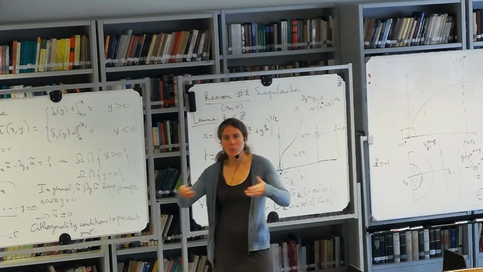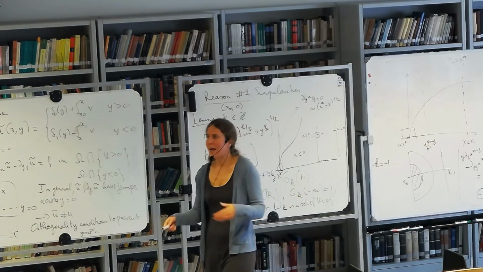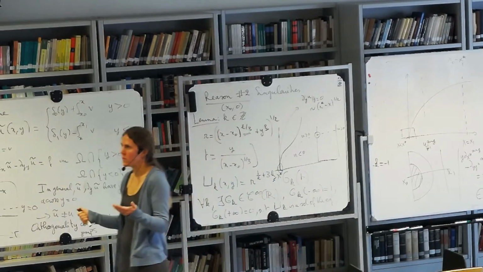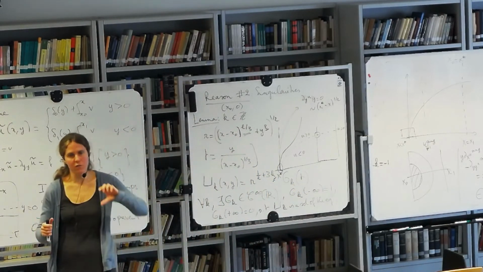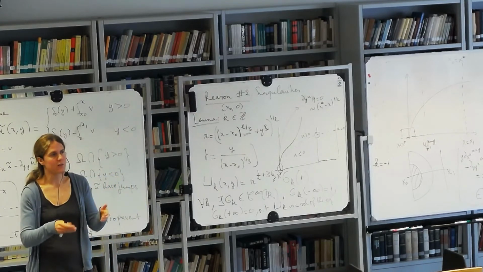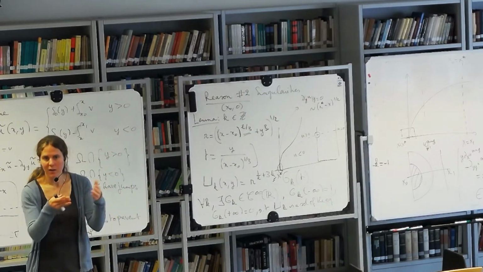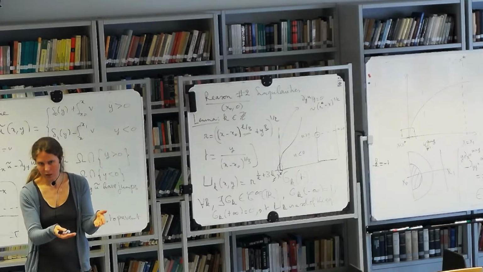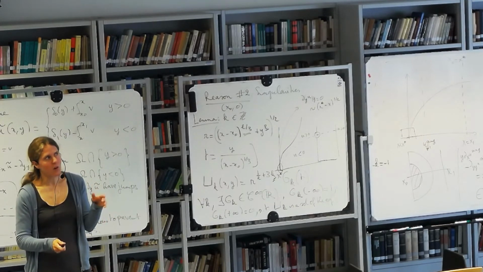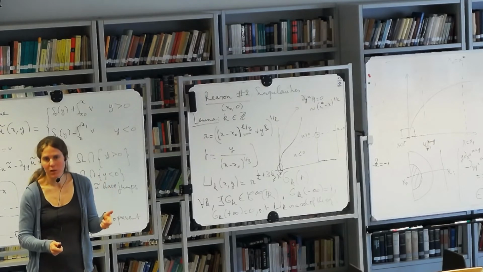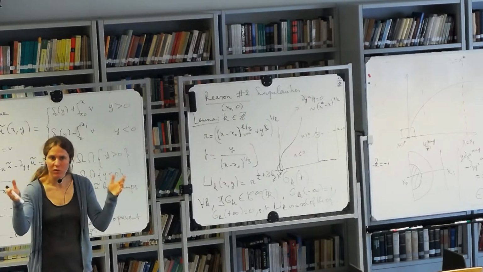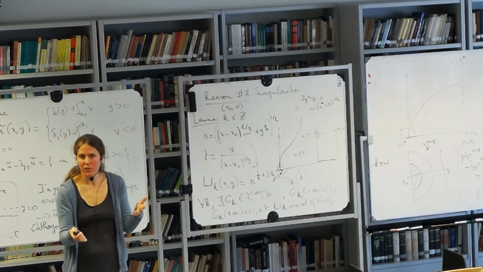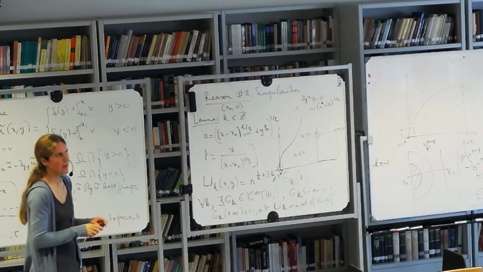You need some quantity to cancel. Except that in that case, the quantity that needs to be cancelled is really the value of a combination of your data at a given point. Whereas here, it's a more non-local phenomenon, because it's the whole integral of your data against a test function that has to vanish.